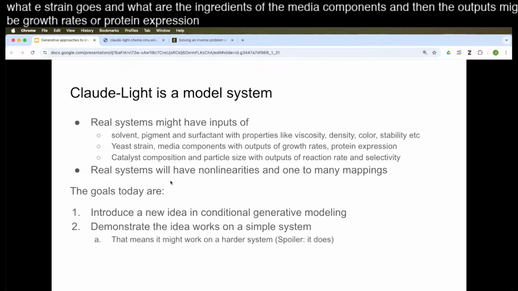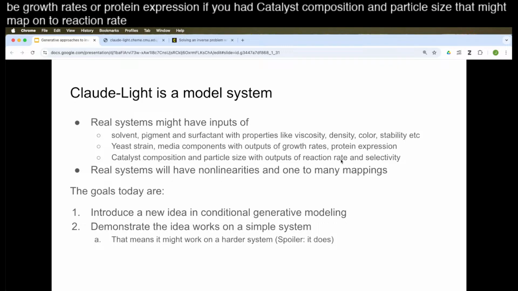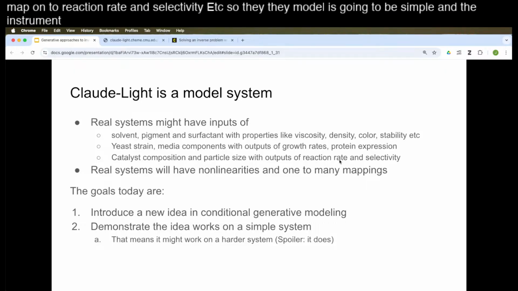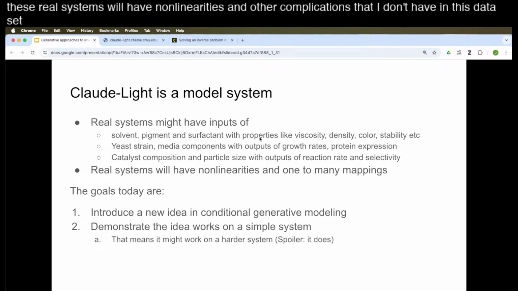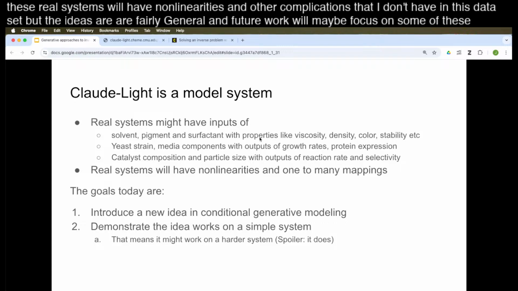If you had catalyst composition and particle size, that might map onto reaction rate and selectivity, etc. So the model is going to be simple and the instrument is simple, but it's going to be related in a way. Now these real systems will have nonlinearities and other complications that I don't have in this data set, but the ideas are fairly general, and future work will maybe focus on some of these more difficult systems.